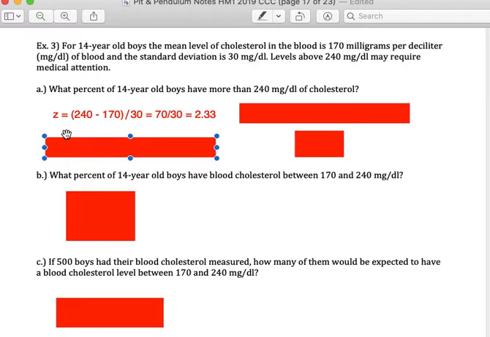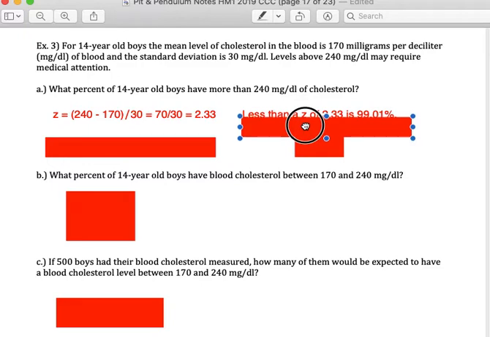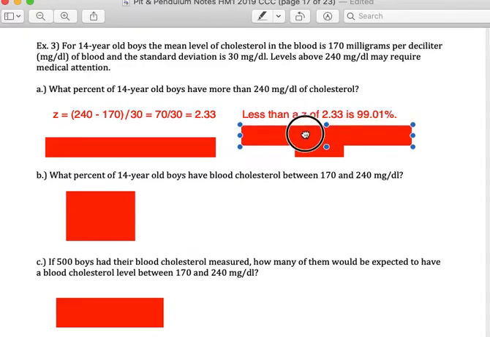So with that z-score, what do we do next? Go to our table, okay, and what percentage is that? 99.01, okay, so less than a z-score of 2.33 is 99.01.